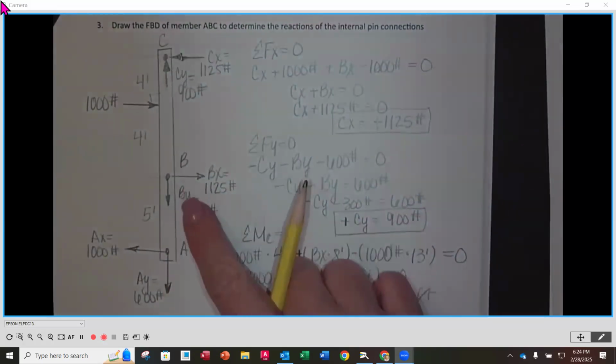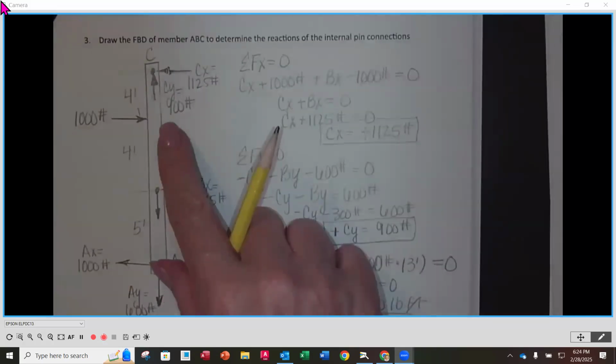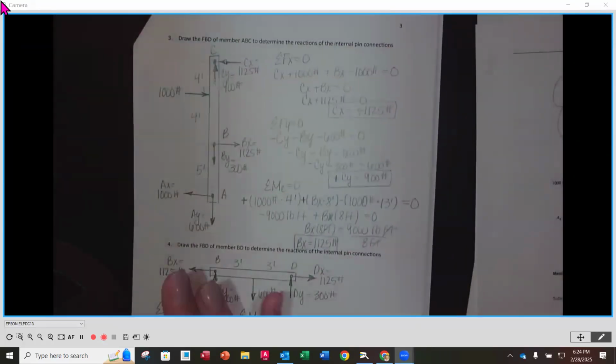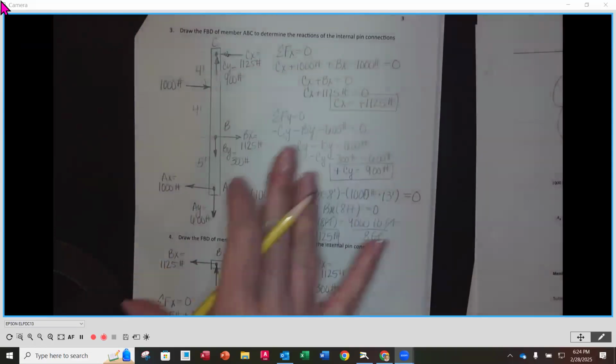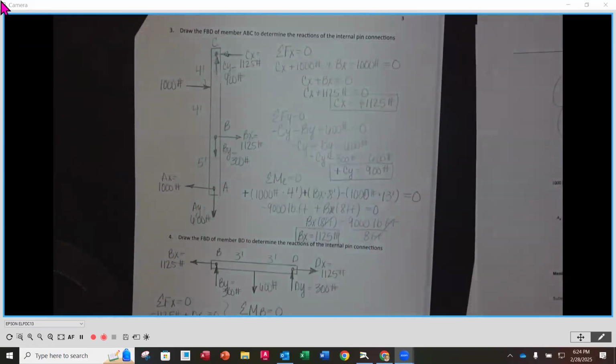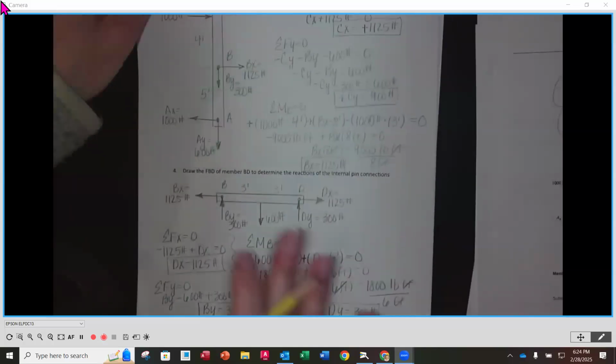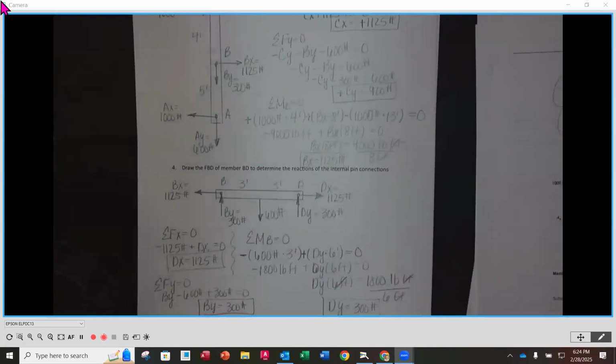We've got 300 going down, 600 going down. So to keep this in balance and equilibrium, C has to go up. Any questions? So that's how you go back and forth between them. Don't worry if you can't solve, like we couldn't solve for CY and BY when we first did this member, but once we go to another member, we usually can fill in some of those blanks and then go back and finish.